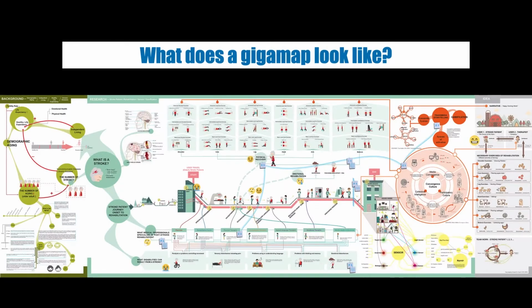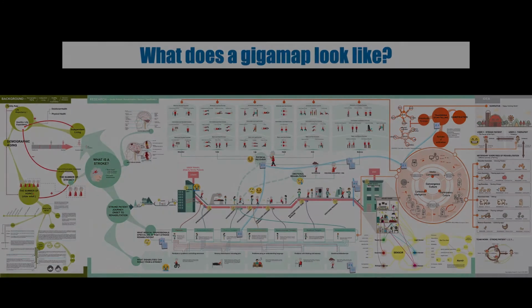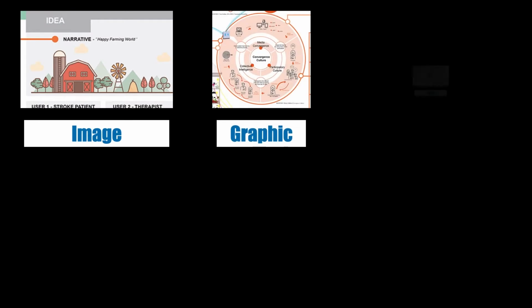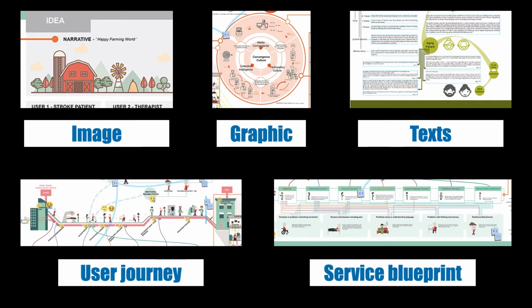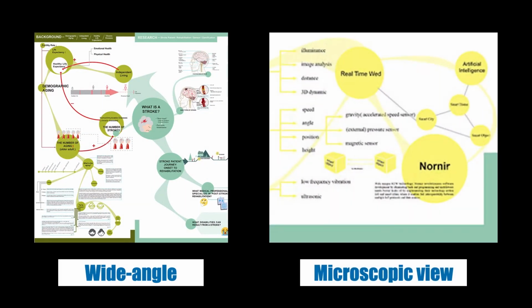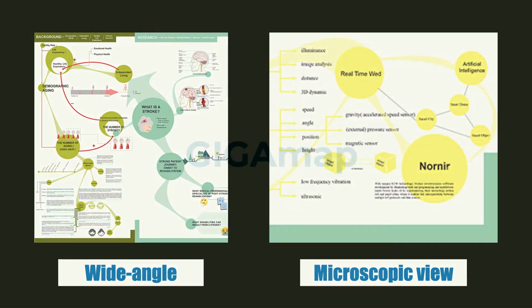A gigamap is a construction of a rich picture of a real-life situation that mixes information types, different kinds of myriad sources, and varying quality. As you can see in the example, there are images, graphics, texts, user journeys, and service blueprints. The scales of the gigamap also range from a large wide angle to a small microscopic view.